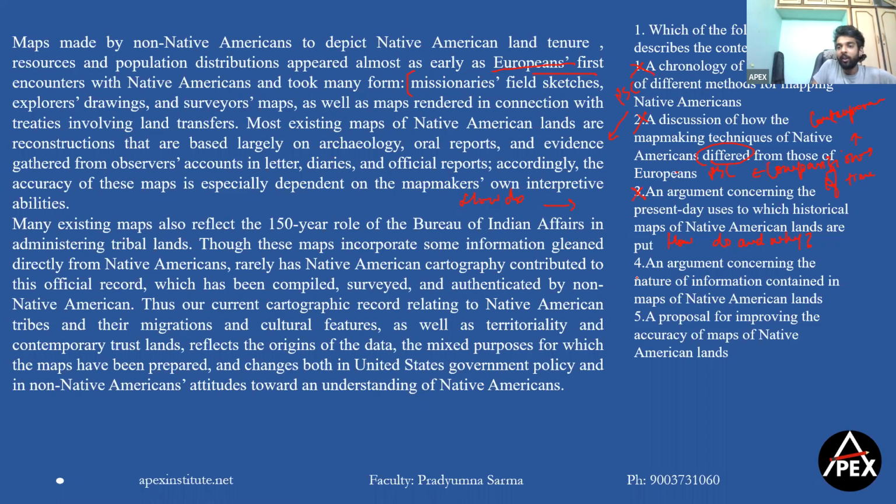The fourth one is an argument concerning the nature of information contained in maps of Native American lands. Yes, this is basically what all is there in maps, which we get from the second part, and why we are doing this map, which also we get from second part, and it is covering how or what are the sources.